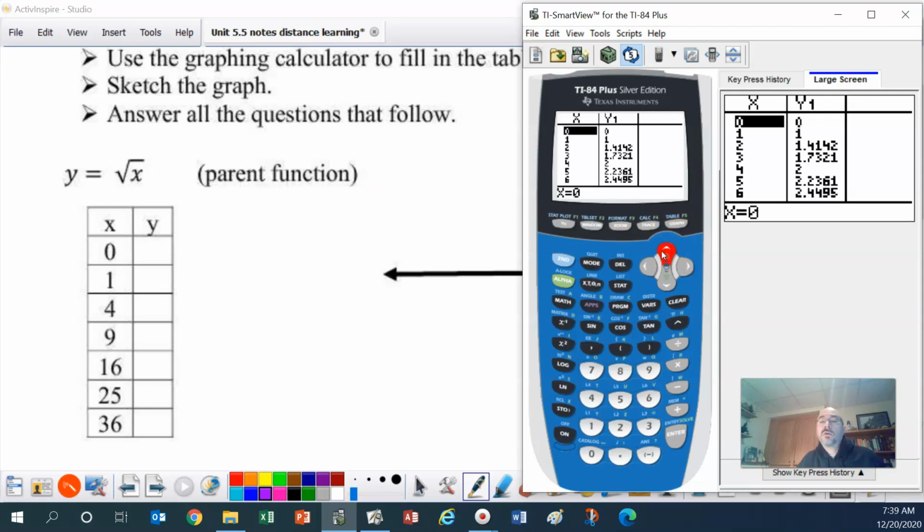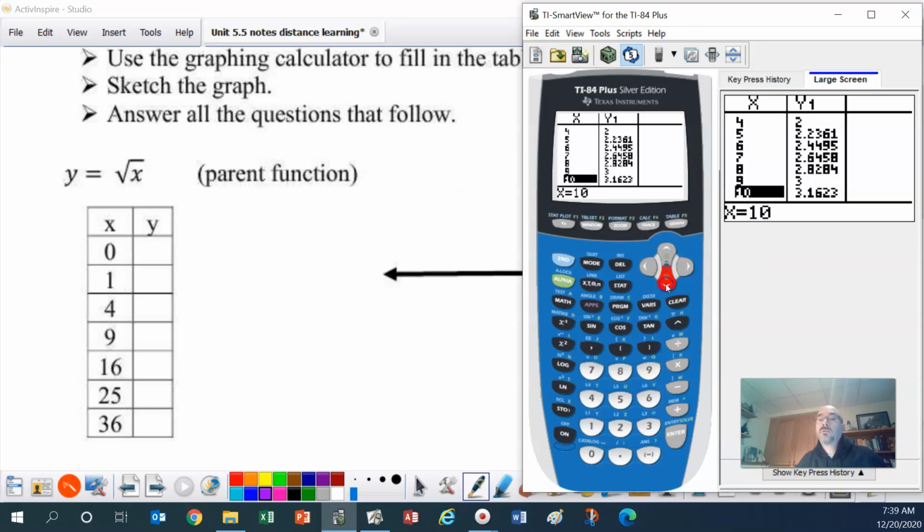So we're going to start with 0. Notice it goes 0, 1. The square root of 0 is 0, and the square root of 1 is 1. Then notice I skip to 4, because 4 is a perfect square. The square root of 4 is 2. Square root of 9 is 3. Okay, you could probably fill that table in without the calculator.